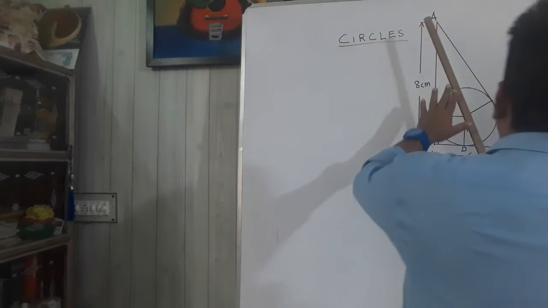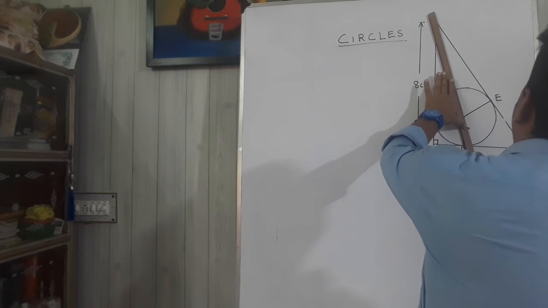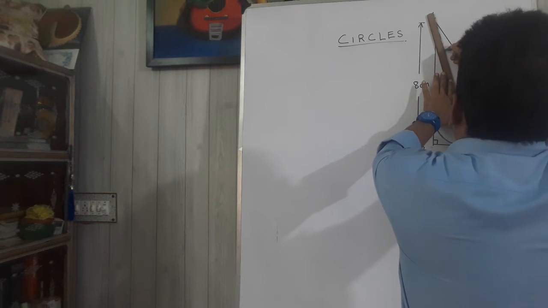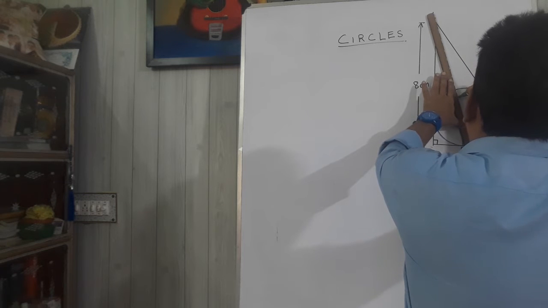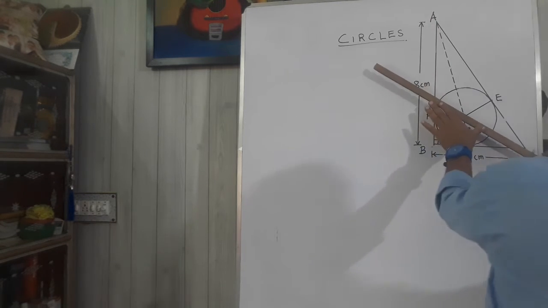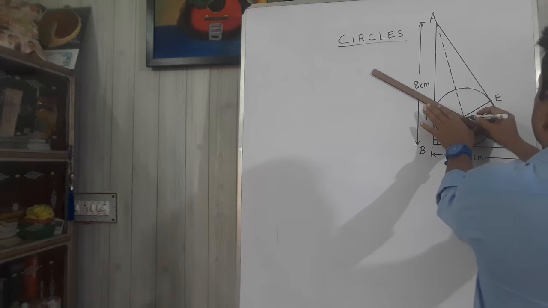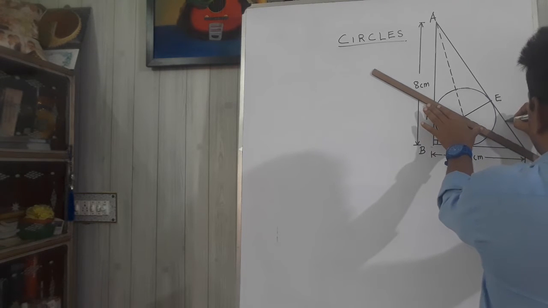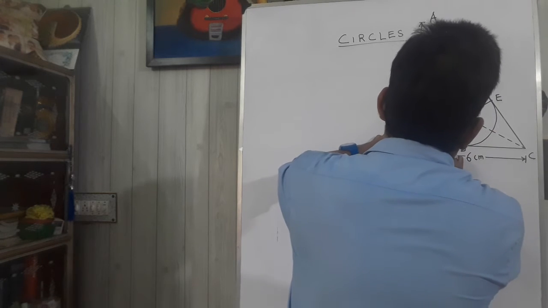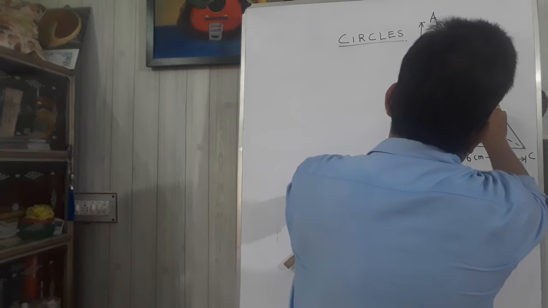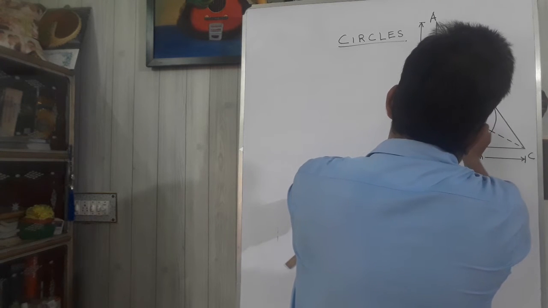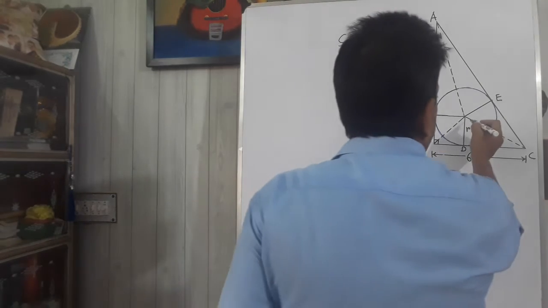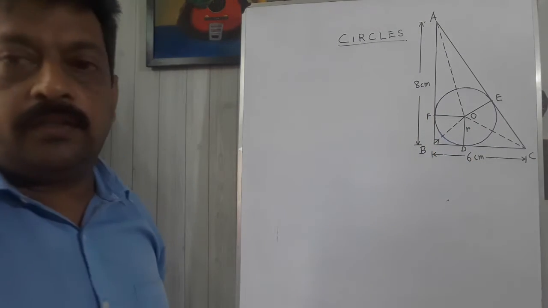So first of all, let me join the center with all the three vertices of the triangle, that is OA, OB and OC. So the center is joined with all the three vertices A, B and C.